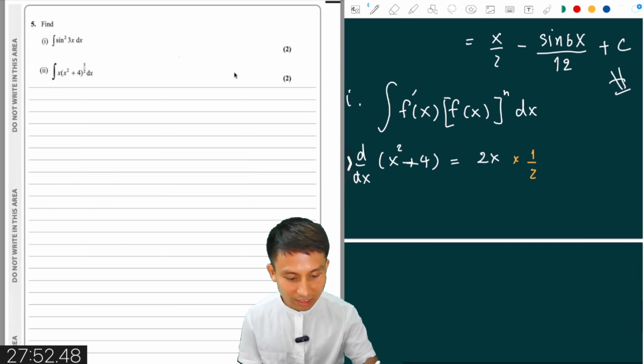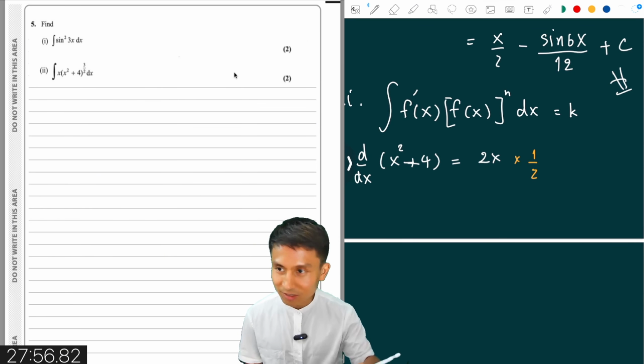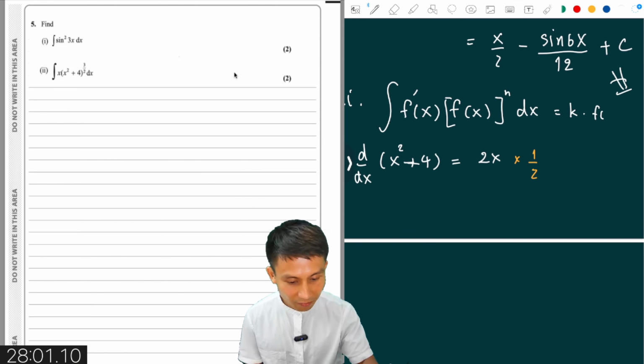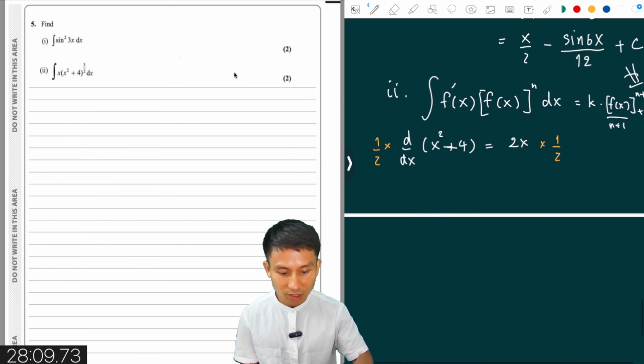And when you see this form, you should try some correction factor, which in this case is the 1 over 2 there. And x to the power of n plus 1 over n plus 1 plus c, of course. So that is like a reverse power rule, if you like.